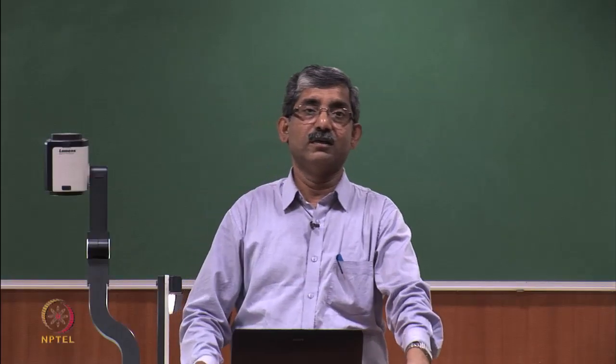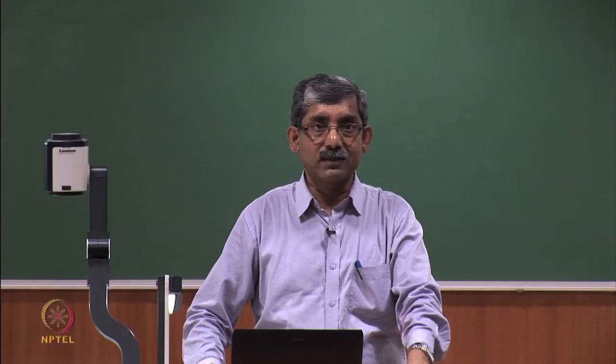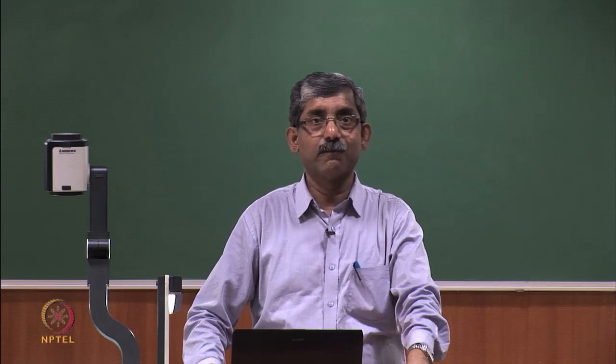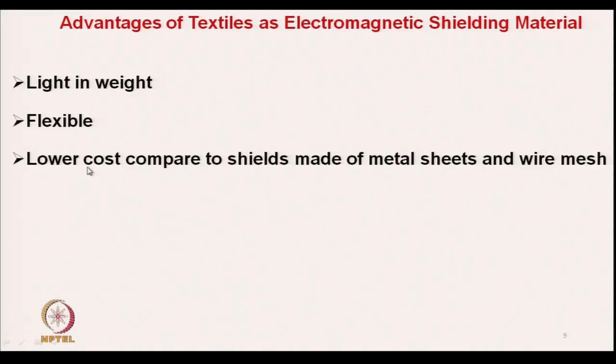The basic advantages of textiles as electromagnetic shielding materials are that they are lighter in weight, very flexible so they can be used in different applications, moldable, and low cost compared to other shielding materials.